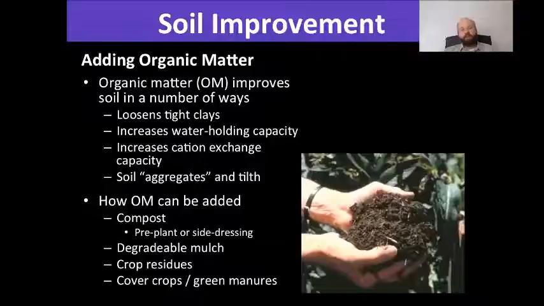Now, one of the primary things that we want to do to help improve the soil in the vegetable garden is to add organic matter. Right, so organic matter is basically going to be carbon-based materials that's going to go into the soil, and it's going to start getting chewed up by all these microbes, bacteria and fungi and other things that live in the soil ecosystem.